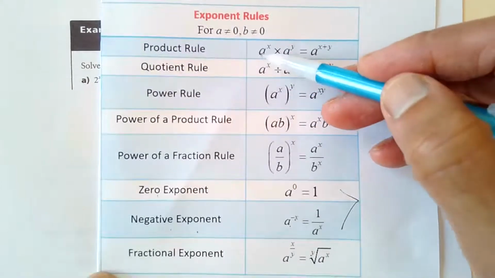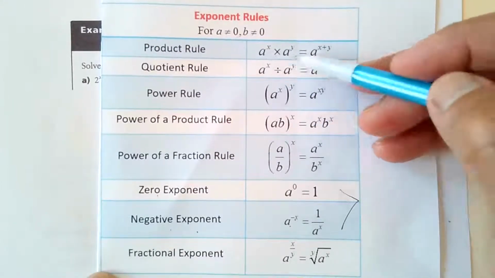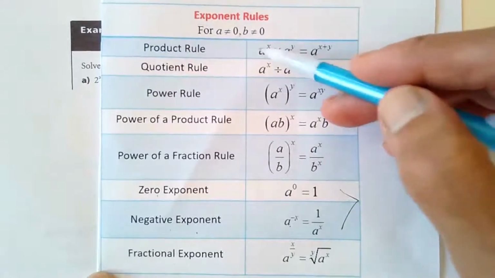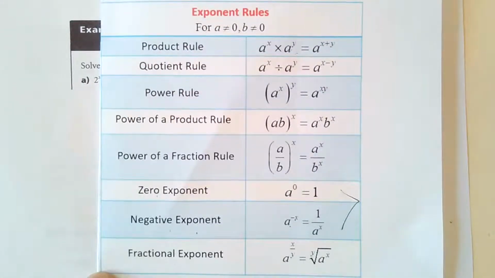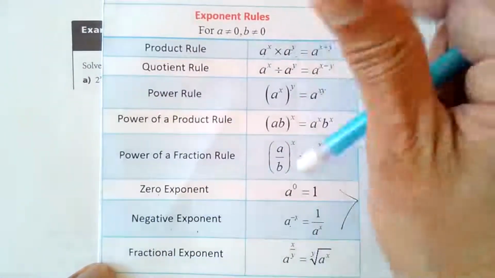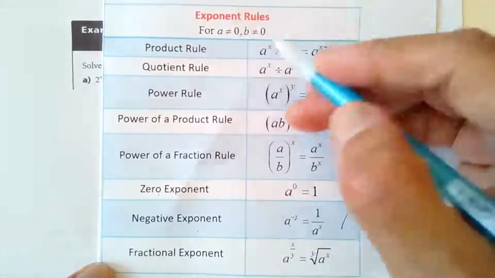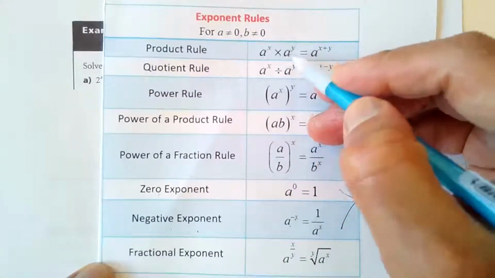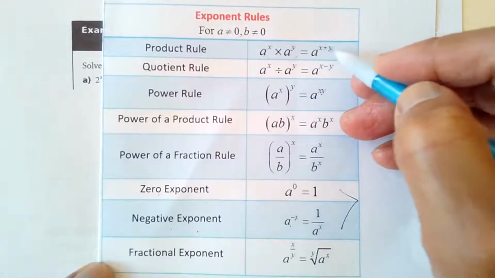Notice the bases, the a refers to the bases. These have to be the same for this condition. The condition is that the bases have to be the same for you to add the exponents. So here you have the product rule: a to the x times a to the y is equal to a to the x plus y.